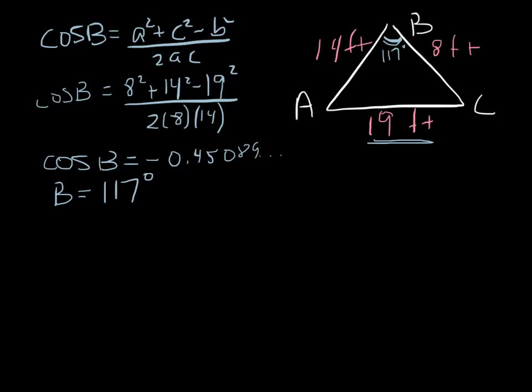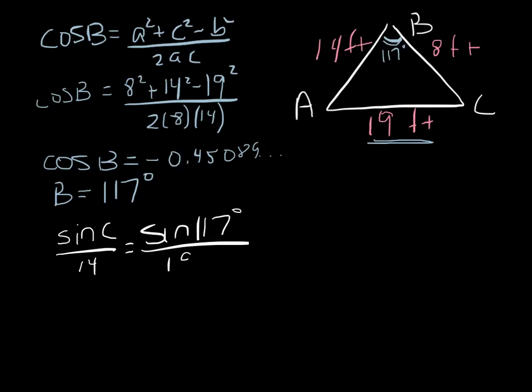Now, if we need to solve for the rest of the triangle, we've got a choice. We can look for A or C, and we can use the law of cosines or the law of sines. It doesn't matter at this point. So I'm going to go back to the law of sines, and I'm going to find angle C. We know that the sine of C over 14 should be equal to the sine of 117 over 19.